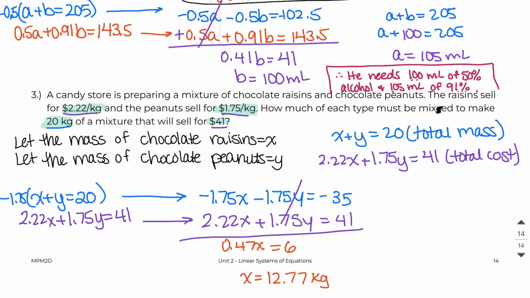So now that we know what x is, we can just replace that in one of our equations. I'm going to use the top one because it's much simpler. So I get 12.77 plus y is equal to 20. And then I can just subtract the 12.77 from that, and I end up getting 7.23.